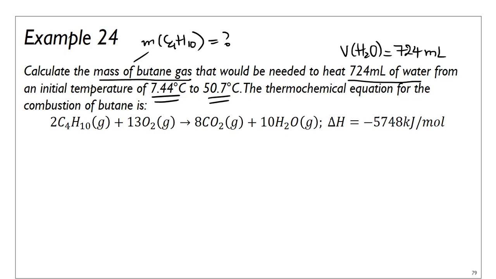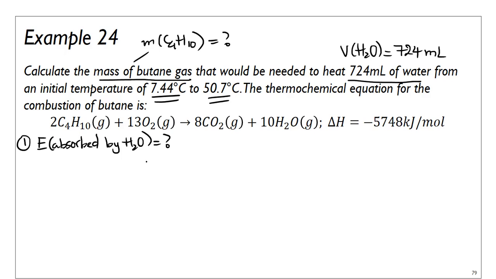Okay, we are going to start on the water side. If you just consider the water, then you essentially need to work out, first of all, if I want to heat this much water from this temperature to this temperature, how much energy is needed. So essentially, I need to start by calculating the energy that needs to be absorbed by water based on the information given to me.